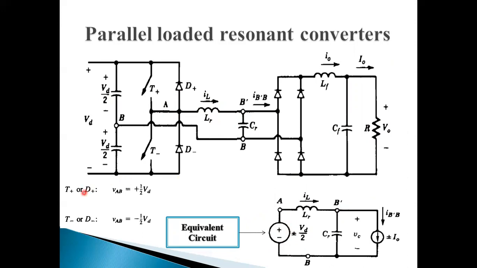So what happens if T plus is conducting? The current flows through the VD by 2, T plus, the inductor, this diode, then this filtering inductor, a resistor, then this diode, then again the B point, and finally it completes its path.